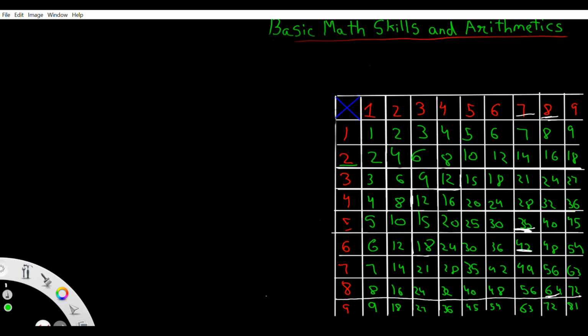Now what if you have a problem like 45 divided by 6? We again do 6 times what number is 45. We go to the 6th column and find 45. But there is no 45. So what we do here is we do long division, which is like this.